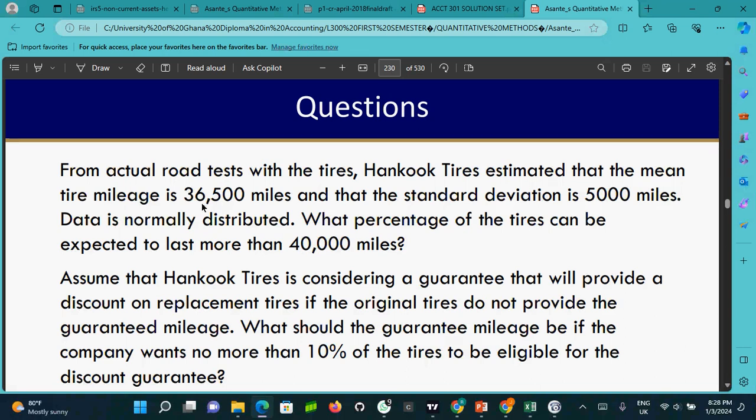So the answer that we will get on the Z table, we take it out of 1, because it says to last more than 40 miles, so it means greater than 40 miles. So that one we subtract from 1. But for the second one, I don't understand. Can anyone help us?